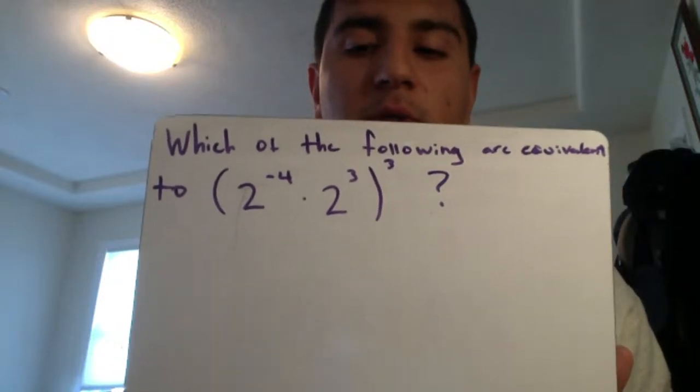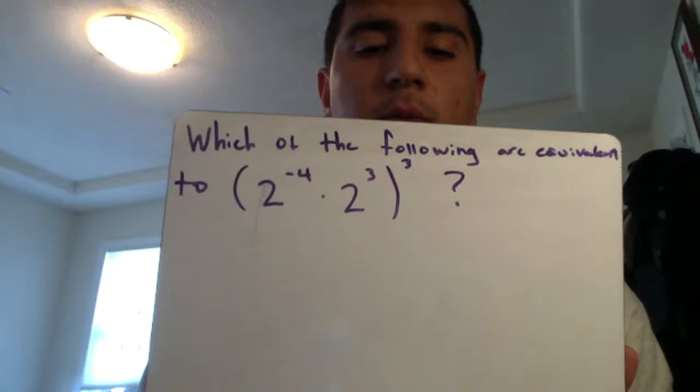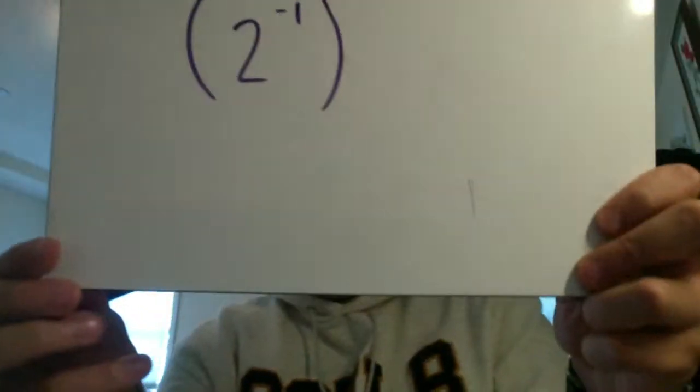Why did I do that? Because we're using the product rule here, right? Negative 4 plus 3 is 1. So I can simplify what's inside the parentheses to 2 to the negative 1.